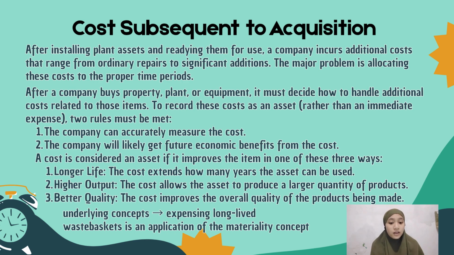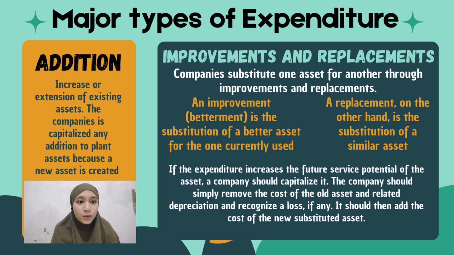And we have the underlying concept: expensing a long-lived wastebasket is an application of the materiality concept. Then we have major types of expenditure. We have four. The first one is addition. Addition is an increase or extension of existing assets. So companies capitalize any addition to plant assets because a new asset is created.